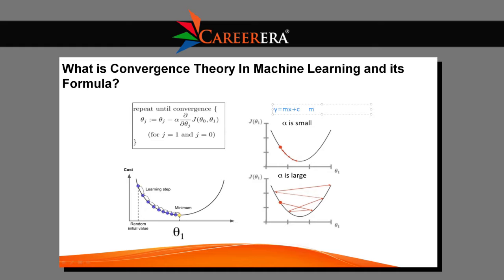So let's think about it like this: theta is the old m that we have. The new m, I'll write it with a dash over it, is equal to the old m minus lambda, the learning rate, which I'm calling L, multiplied by the derivative of the loss function, y dash minus y, with respect to the old m. Basically, m new equals m minus lambda times the derivative of the loss divided by the derivative of the old m.